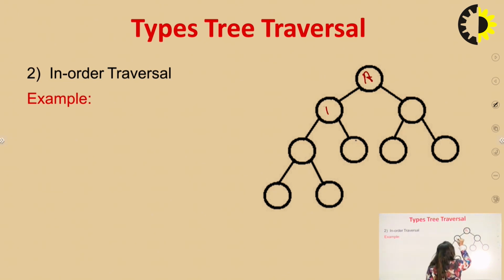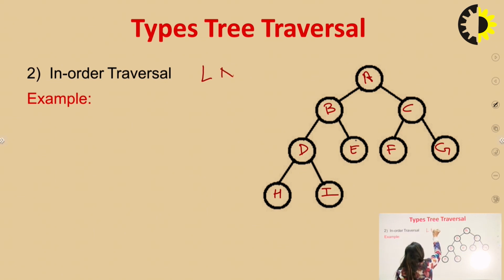A, B, C, D, E, F, G, H and I. So this is a simple binary tree. Got it? Now, in-order traversing is based on completing the left first. After that we come to the root node, then complete the right node.